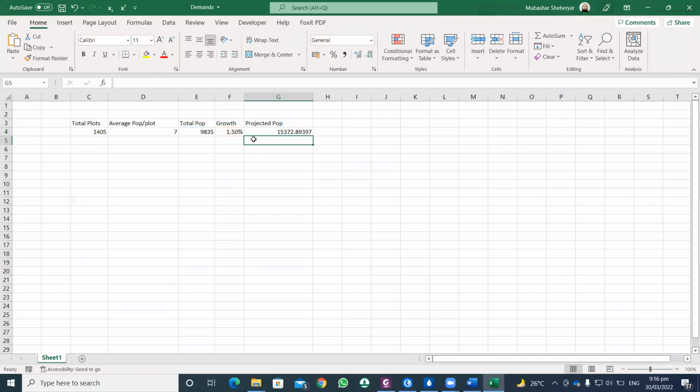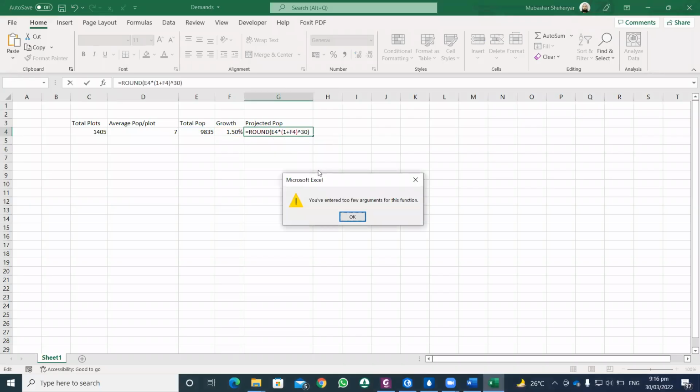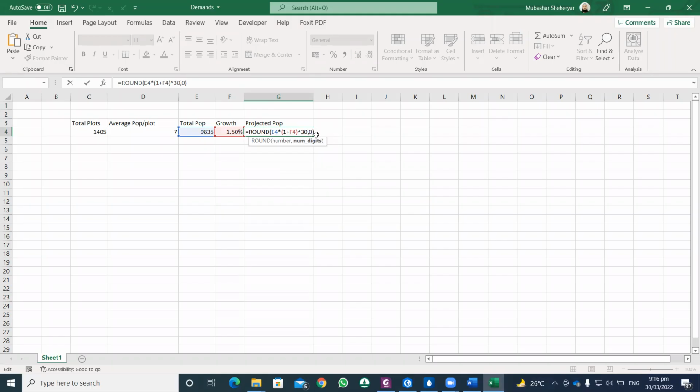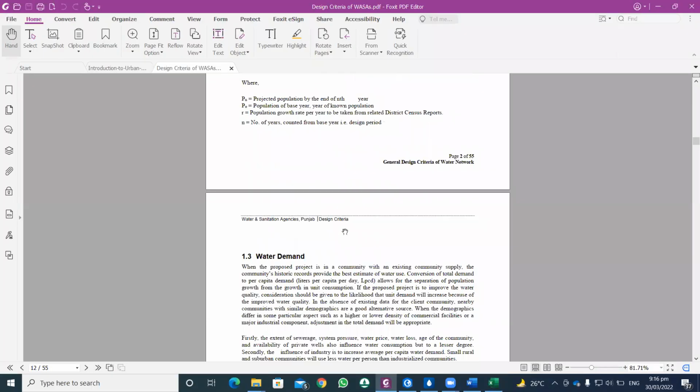Okay, so I will round this value. So the total projected population is about 15,373 people.